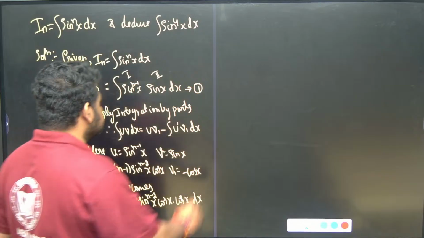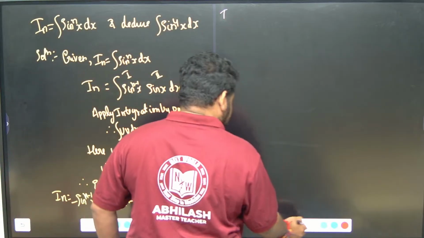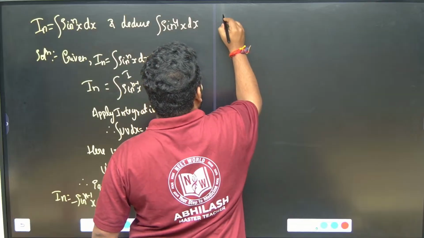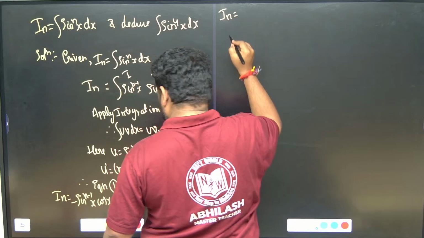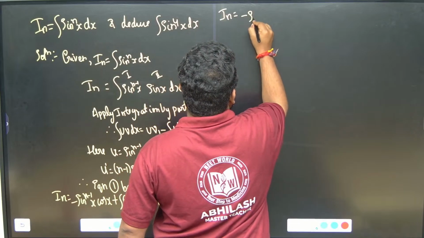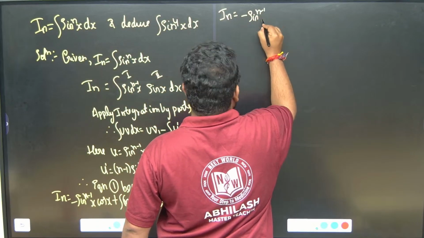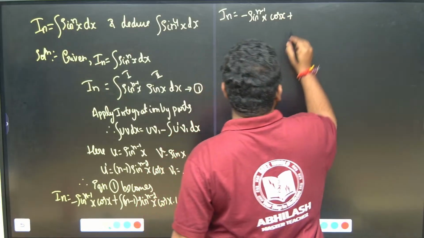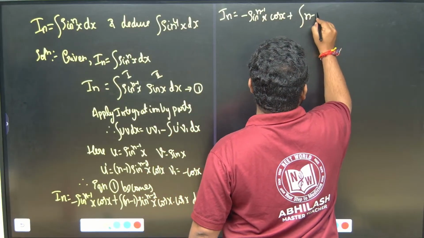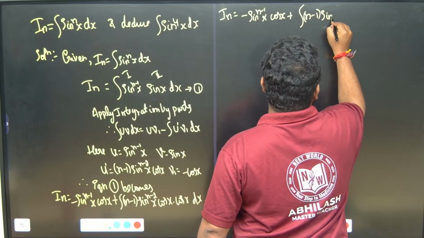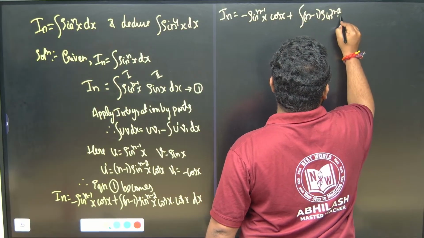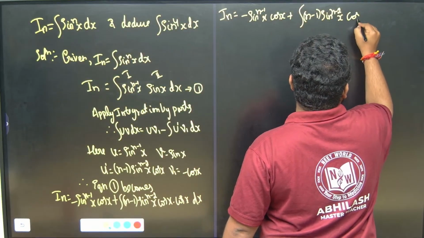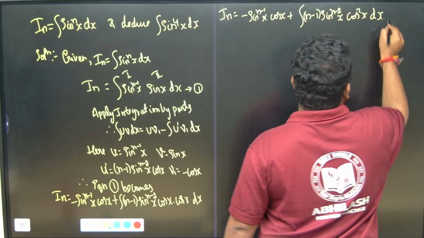Let me write it here again. I n is equal to minus sin^(n-1) x into cos x plus integral of (n minus 1) into sin^(n-2) x into cos x into cos x, which is cos square x dx.